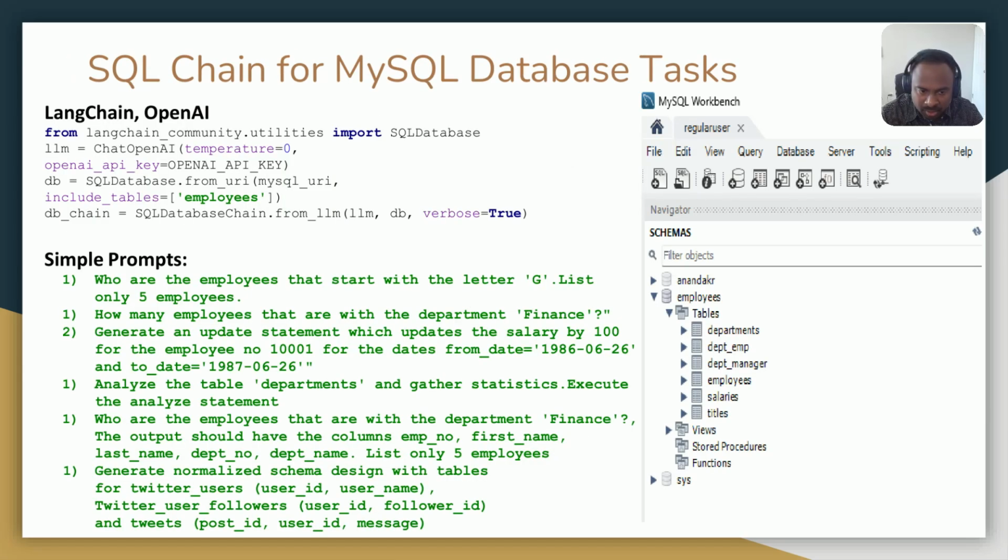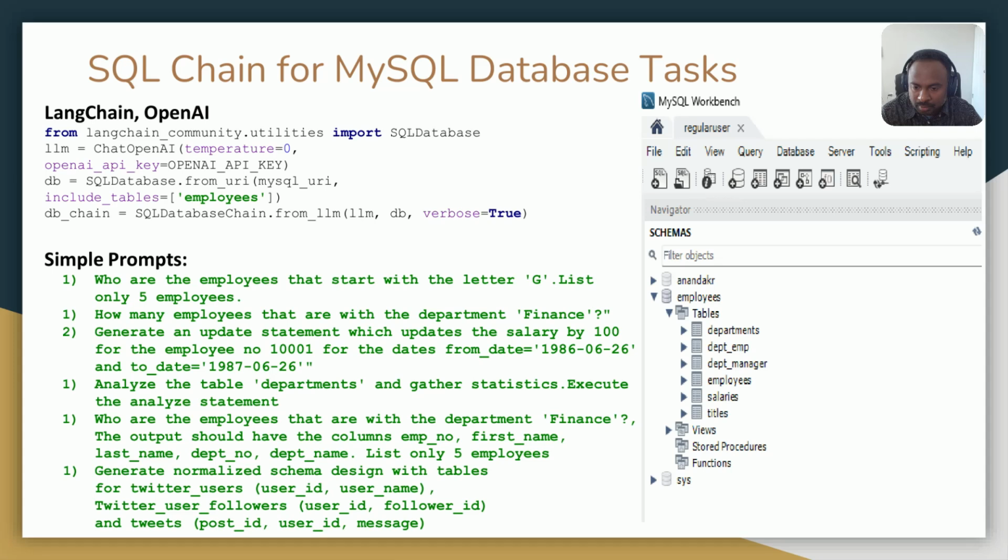So let's take a look at a simple prompt which a user can give. I've used the LangChain framework and OpenAI, and I have connected a MySQL database, and I can specify what tables need to be included.